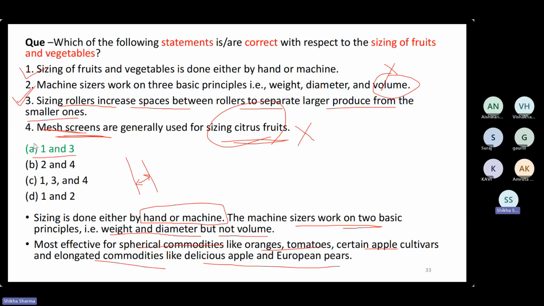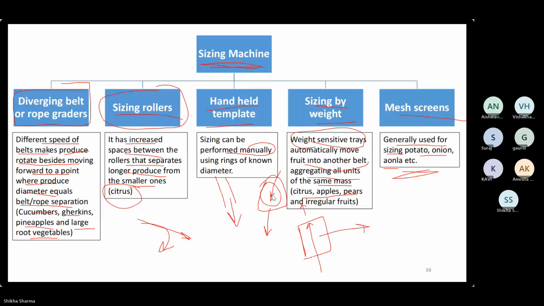So 1 and 3 are correct. Citrus fruits are separated using sizing rollers, not mesh screens. Also, based on weight, we can separate citrus fruits, apples, and pears, but not with the help of mesh screens.